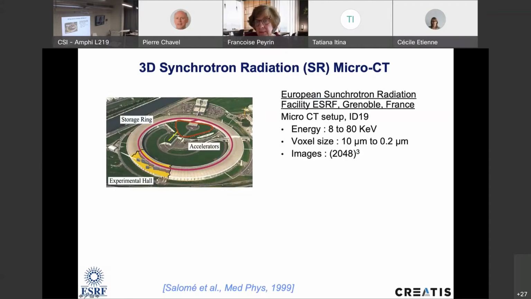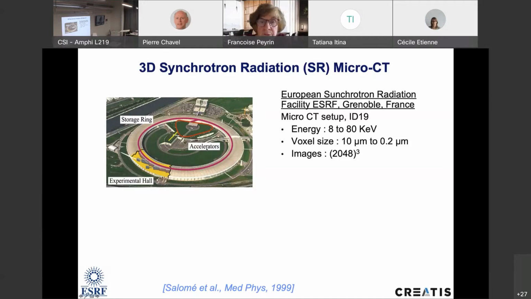A synchrotron is an instrument that we will use to deliver X-ray beams, but which have very specific properties, because it can be X-ray beams with a very high flux, which is several orders of magnitude higher than a standard X-ray tube.